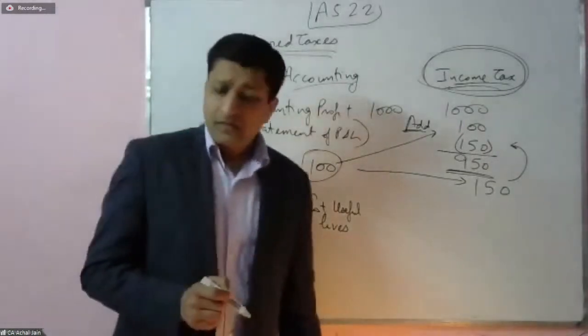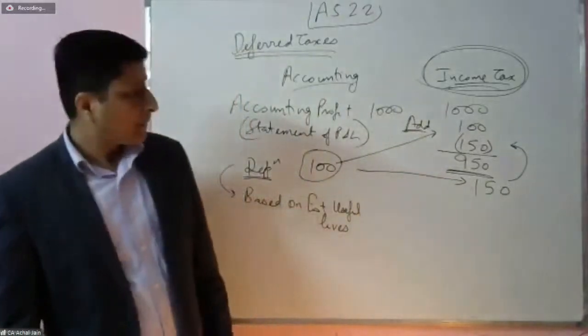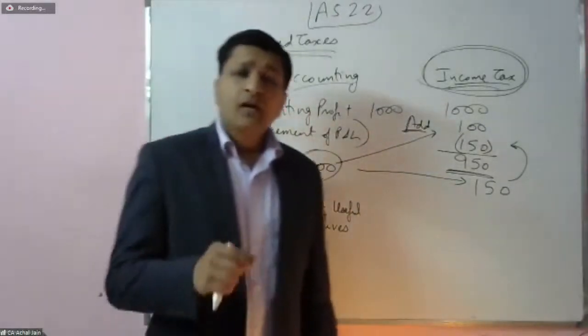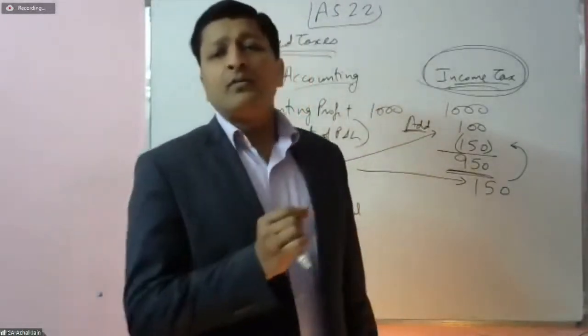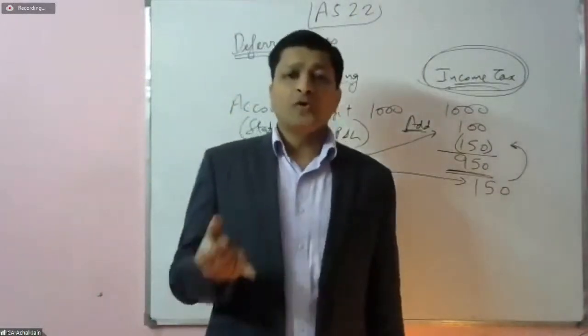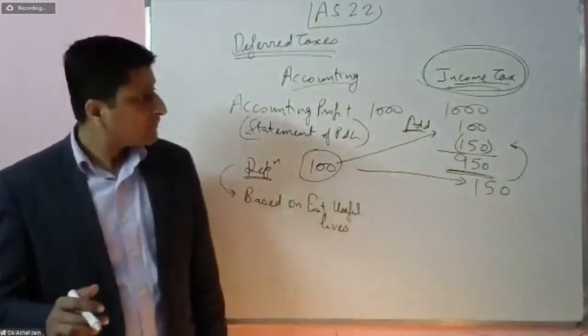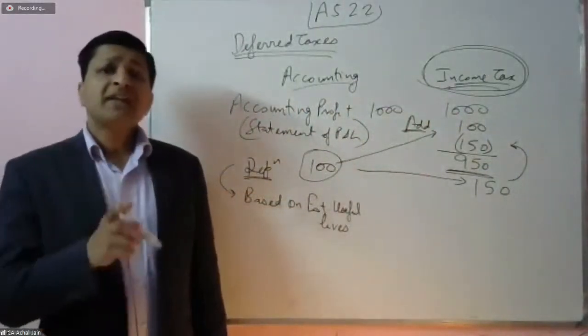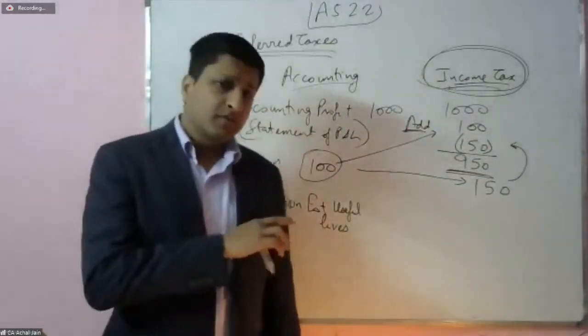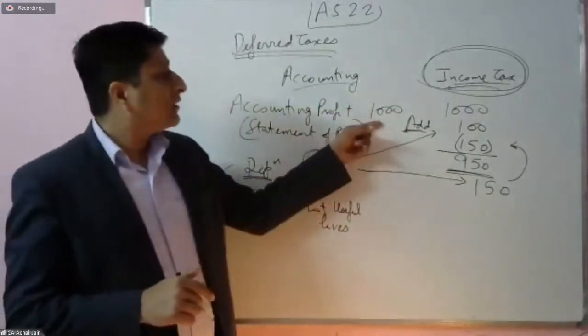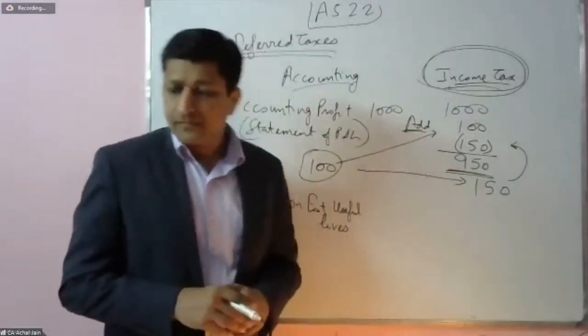Now, what will happen? Income tax is required to be paid by the company or the entity or any person. Now, income tax will be paid on which amount? 1,000 or 950?